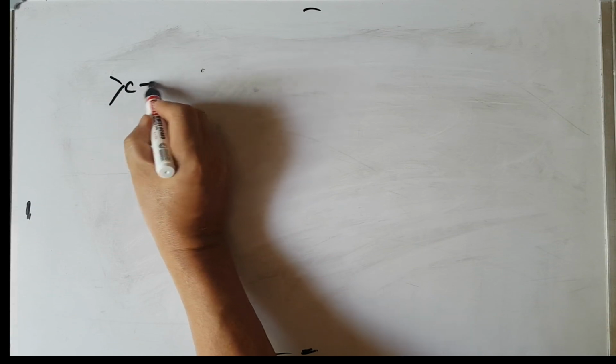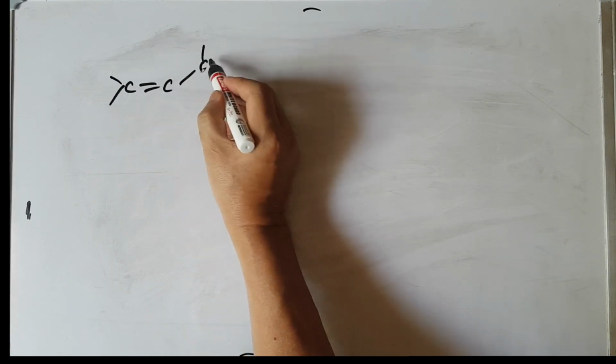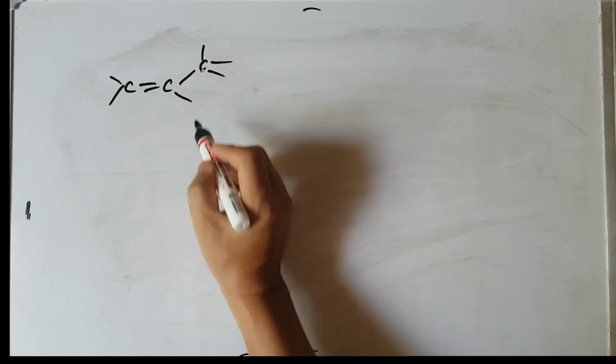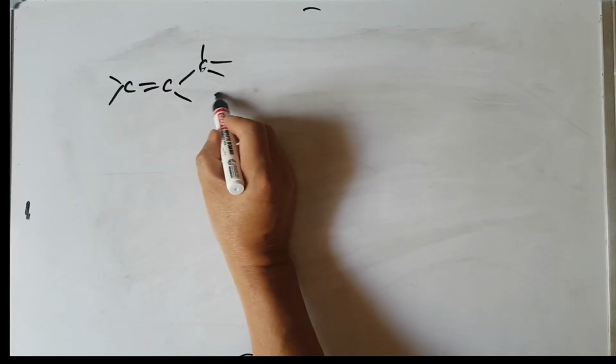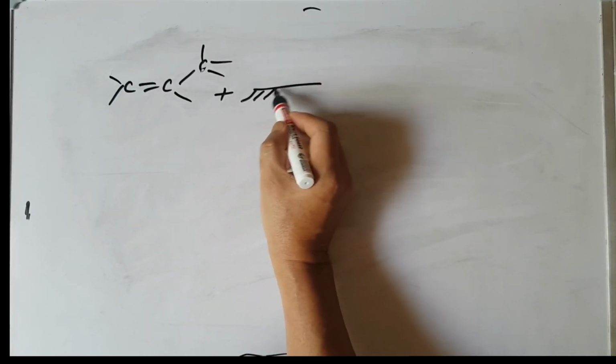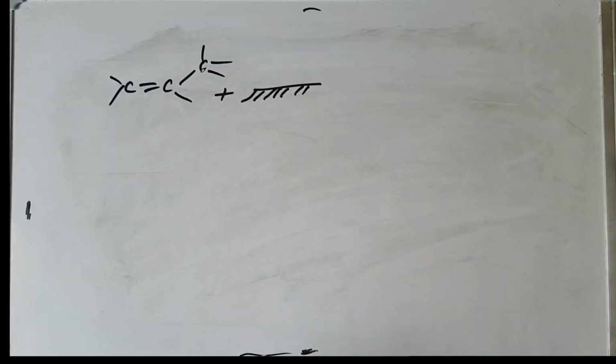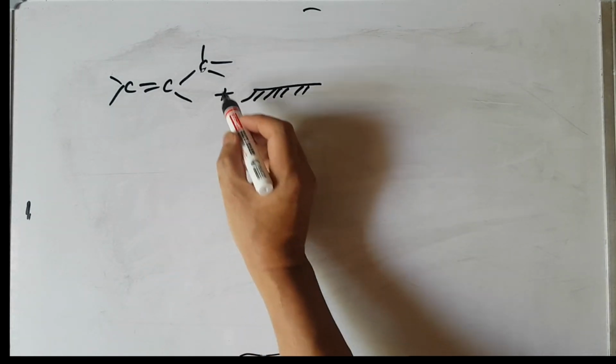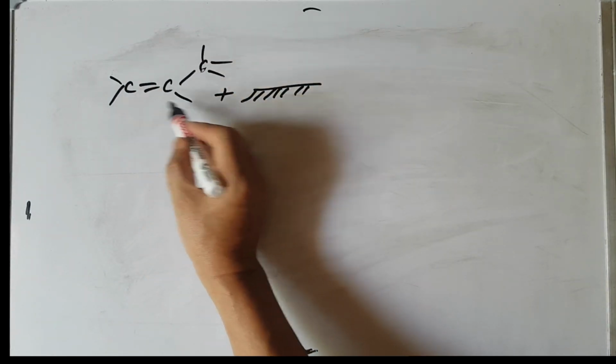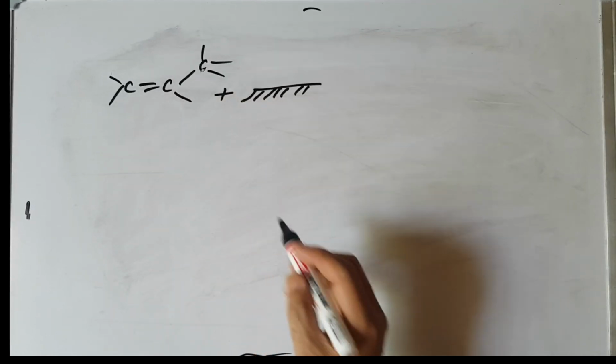The cis addition takes place on the less hindered side of the alkene. Let's say, for example, this compound plus the catalyst. This will be the organic substrate. This is the more bulky side, and this is the less hindered side.